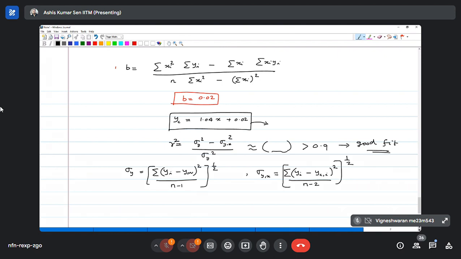Okay, so maybe in the next class we will be able to cover the first section of the course, that is the statistical analysis, because after that I wanted to go to the temperature measurement, pressure measurement, so measurements of various different kinds of quantities. Those I will be teaching mostly on PowerPoint.